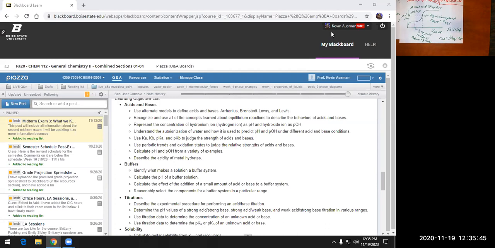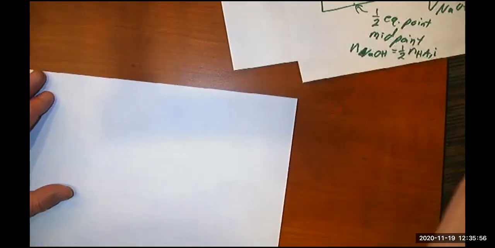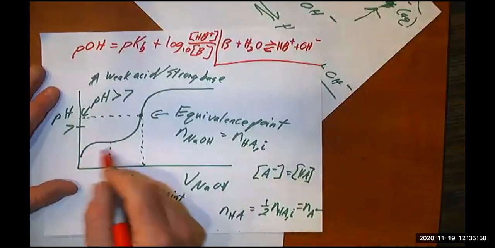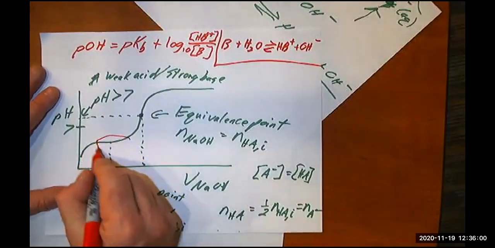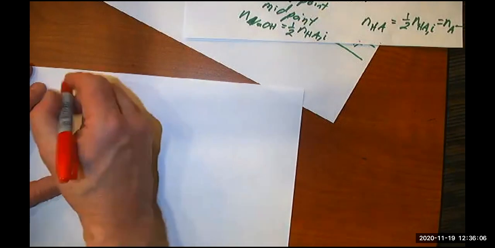Let me switch to document cam again and take a look. Okay, so the idea is this is a buffer region of the titration curve. That is the region where we can use the Henderson-Hasselbalch equation, and so we do it.